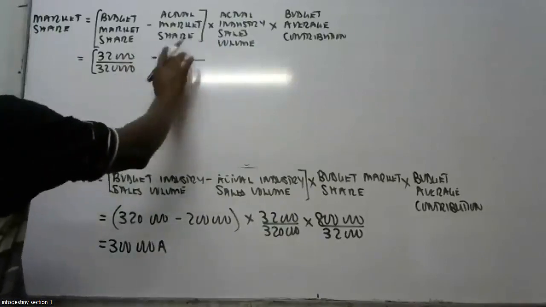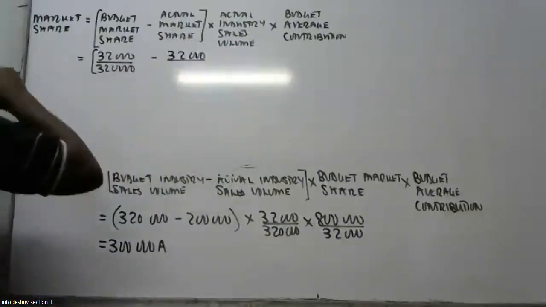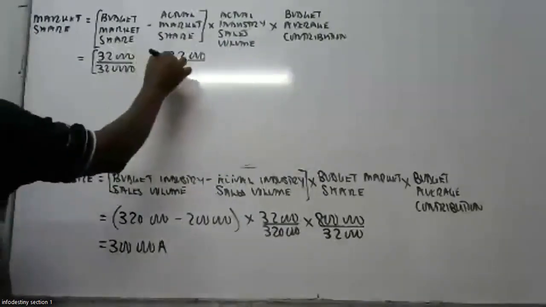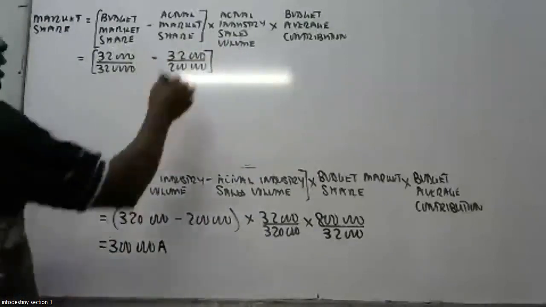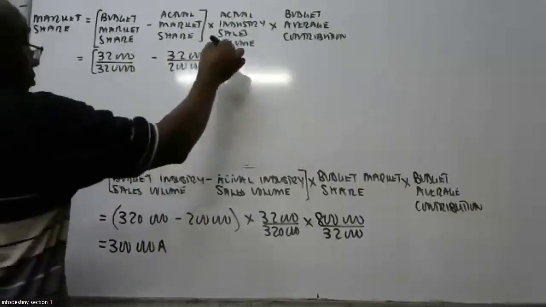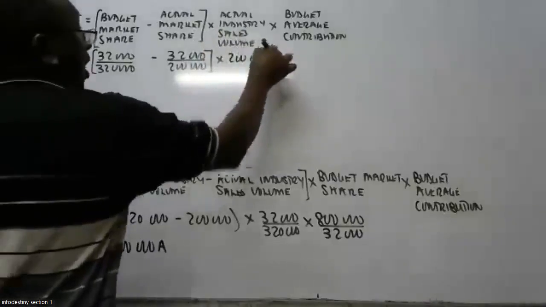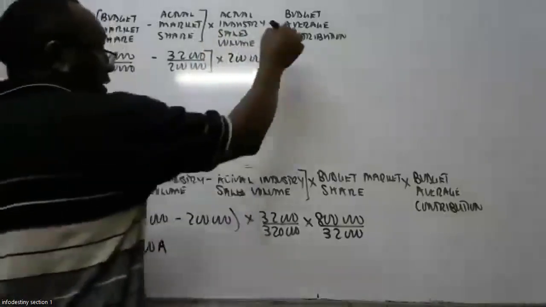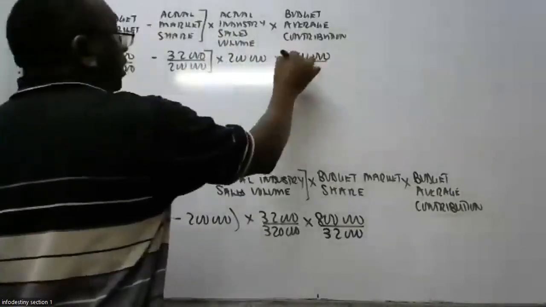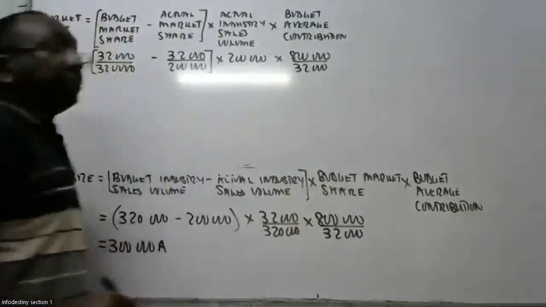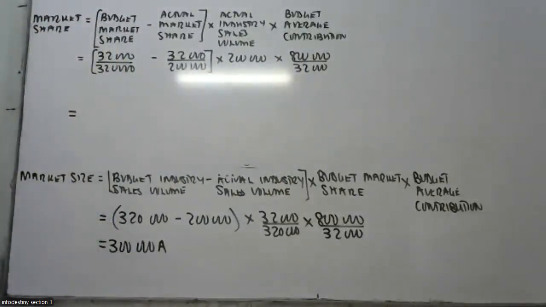The actual sales were that 2,000 in a total of 200,000. The actual industry sales volume is 200,000, and the budget average contribution is 800,000. You divide it by that 2,000.